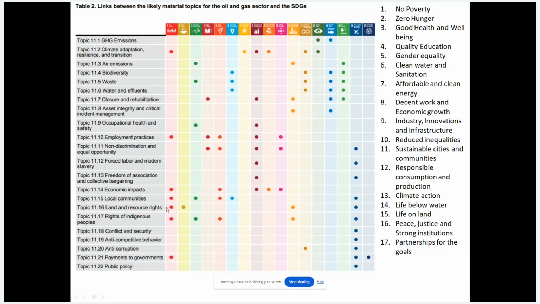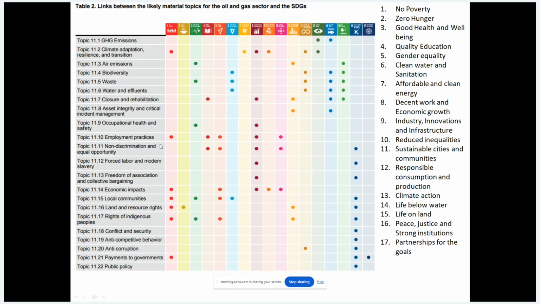Somehow it can literally impact poverty also if the rights of the indigenous people are compromised. They may lose their livelihoods. Those kinds of things can be the impacts.